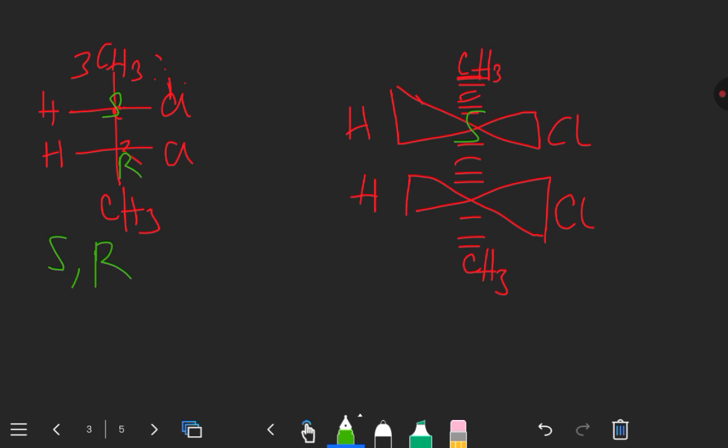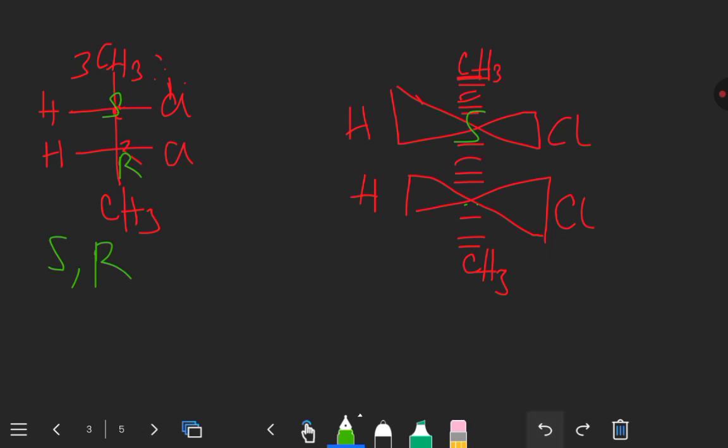Then we come to the other carbon, which is there. So this carbon, we're also going to count 1. Then this entire group will now be 2. Then we'll have 3. Then the fourth group is hydrogen. So in this case, we are moving like this. This is anti-clockwise movement. And because the fourth group, which is hydrogen, is in front, we're going to interchange the configuration from S to R. So it will now be R configuration.